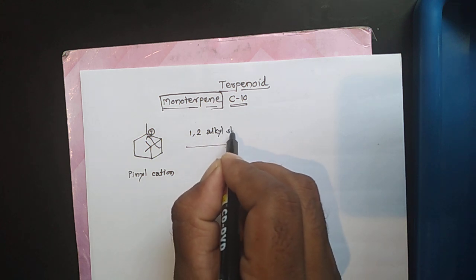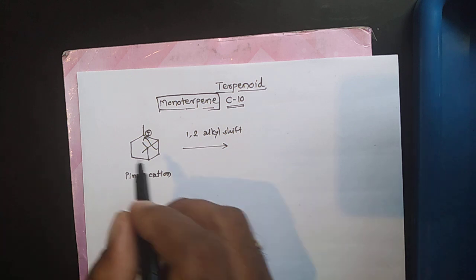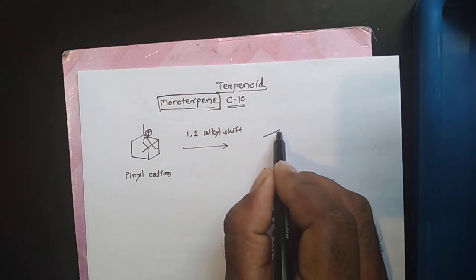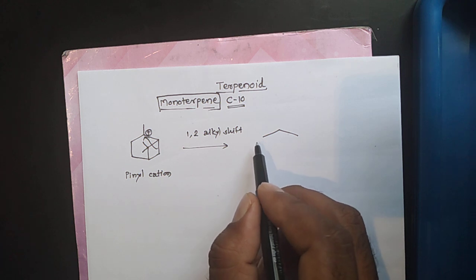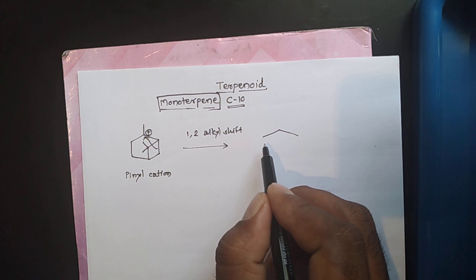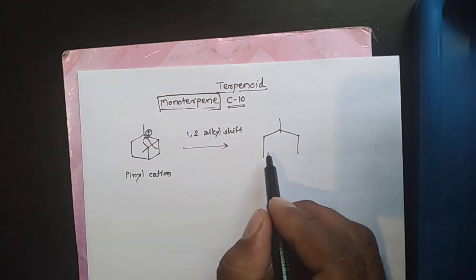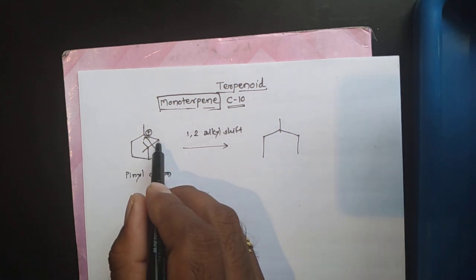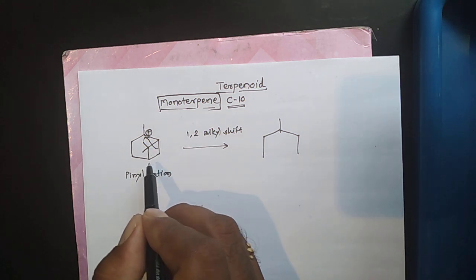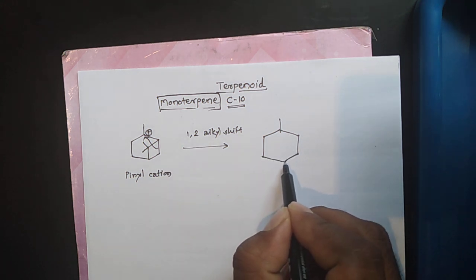You can correct me if I am wrong. So this bond which is in the ring will drop down from here like this.